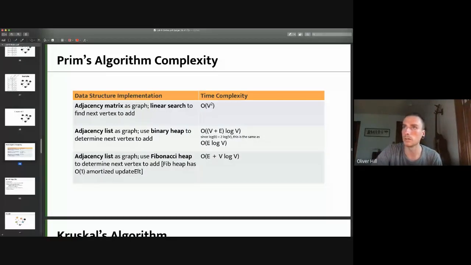But you would use an adjacency list as the graph, and then you can use a binary heap to determine the next vertex to add instead of doing a linear search. Then it's log n to pop out of the binary heap, which would be log V in this case, which is where this log V comes from.